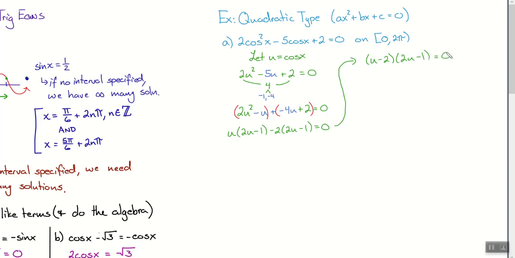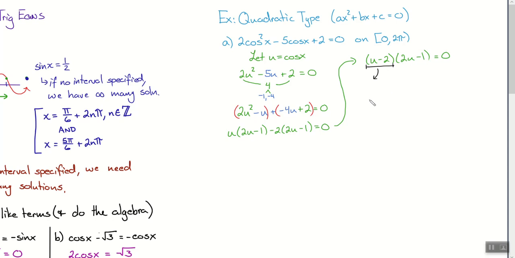So because we've done this u substitution, the only concern that I have is somebody solving for u and just stopping there. Once we get here and we actually set each of these factors equal to 0, I would strongly recommend that instead of writing u minus 2 equals 0 or u equals 2, I would not write this every time, and I'm actually not going to write it now.